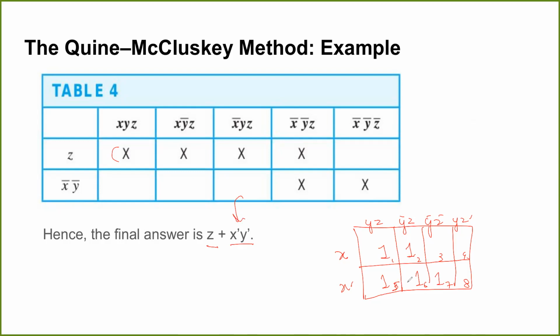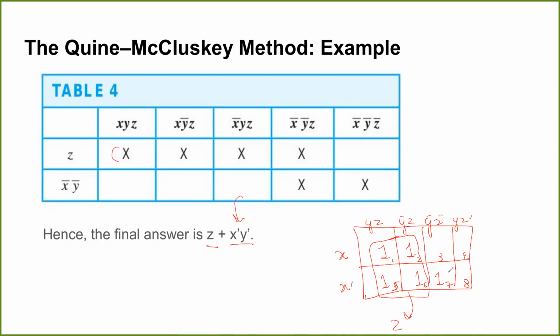If I go by the standard Karnaugh method, what are the groupings I can do? So first is 1, 2, 5, 6. Definitely. Okay. What is the reduced expression from 1, 2, 5, 6? It's Z, right? So we get that.